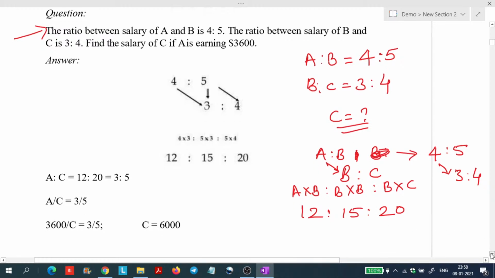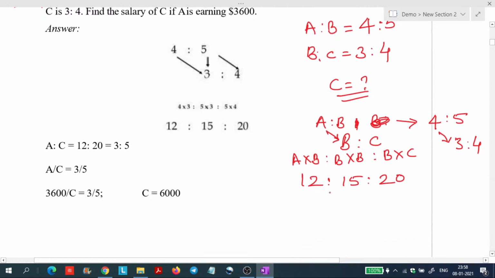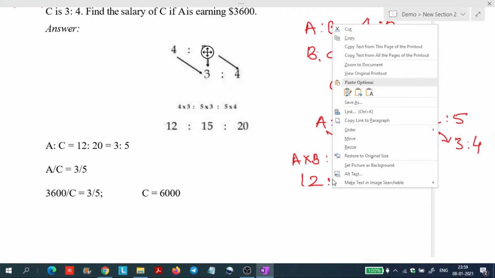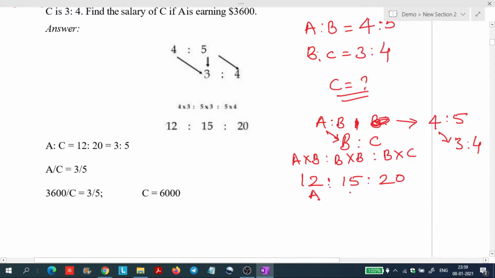So this is A B C. Now, A is to C is 12 to 20, so that is 3 is to 5.